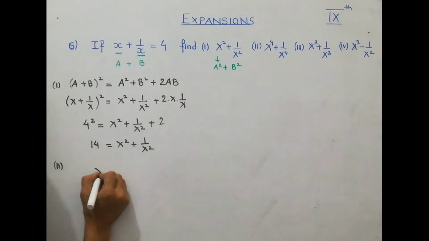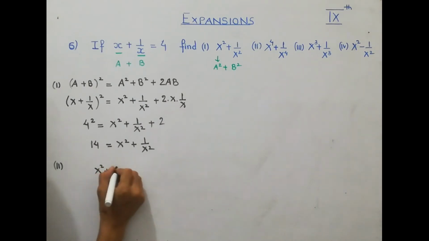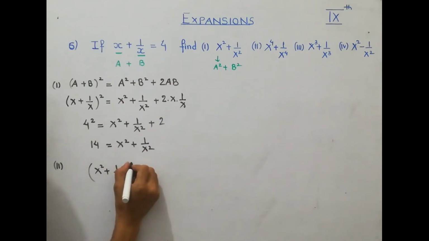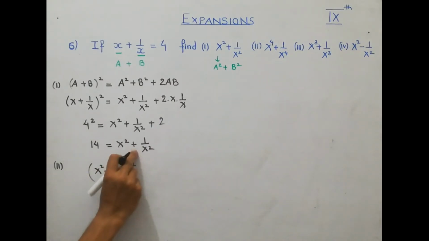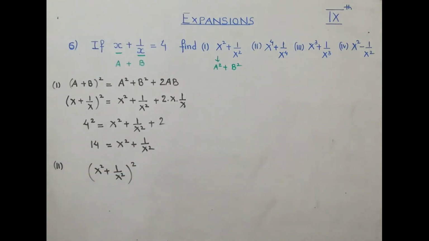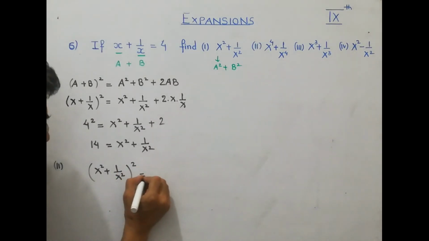See. You apply whole square formula on a square plus b square. Whenever power 4 is needed, remember that if you are getting a square plus b square, you apply whole square formula over it.